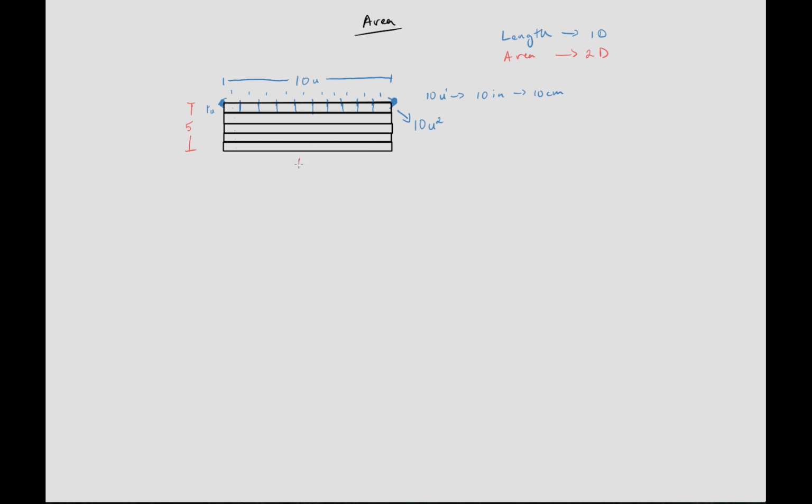And so the new area of this entire thing here is going to be 10 units plus 10 units plus 10 units plus 10 units plus 10 units. Well, hopefully you know a quicker way of doing that. If I have 5 groups of the same exact thing, we have a shortcut for that, and that is multiplication, which gives us a total of 50 units squared. And I'm sorry, these were all square units.